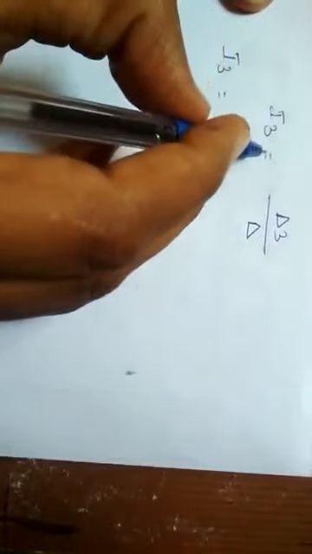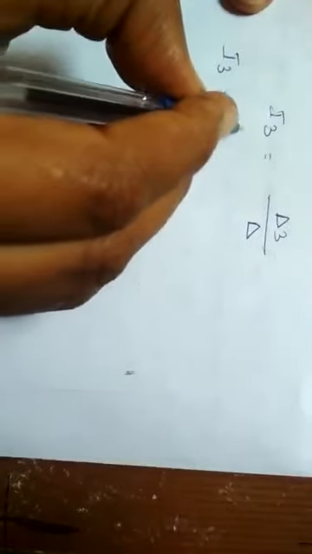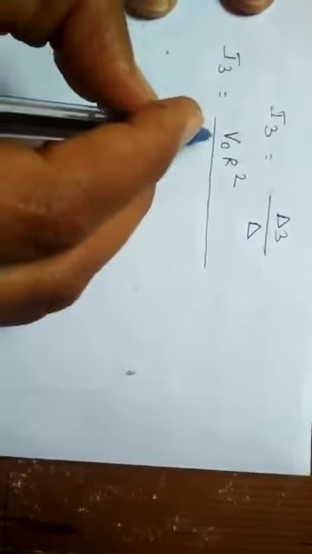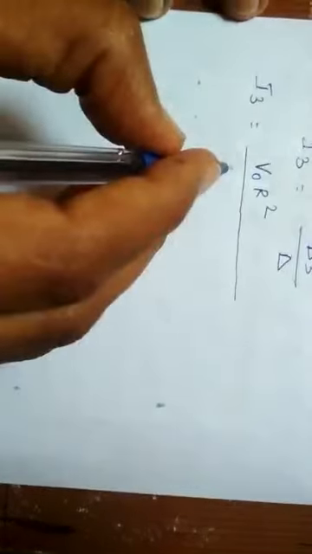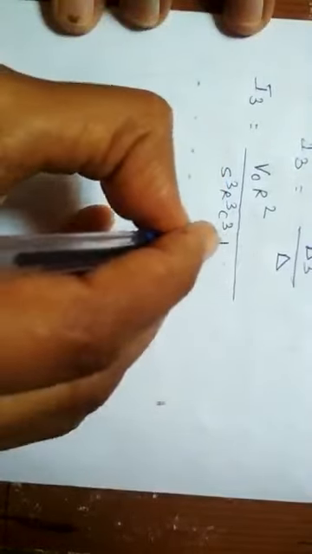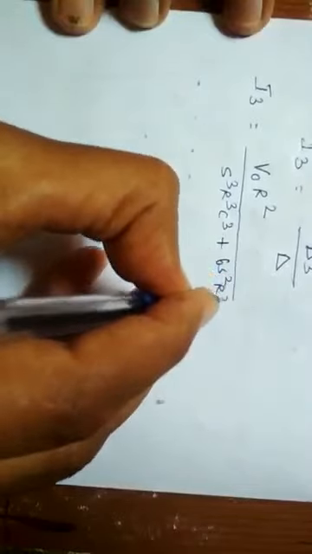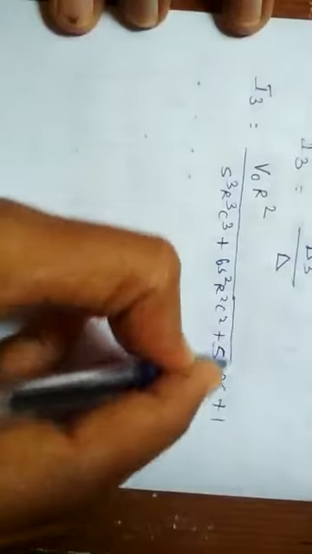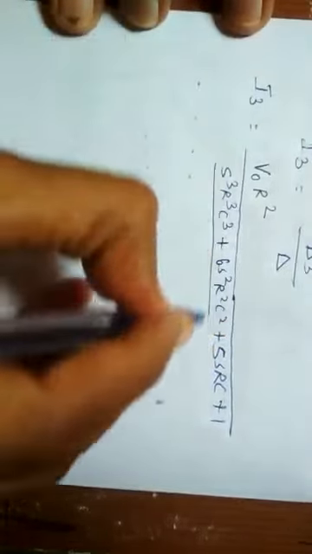Substituting the values for del 3 and del, we have I3 equals, for del 3 it is V out into R squared, we have derived, and for del we have already derived, that is S cube R cube C cube plus 6S squared R squared C squared plus 5 SRC plus 1, divided by S cube C cube.